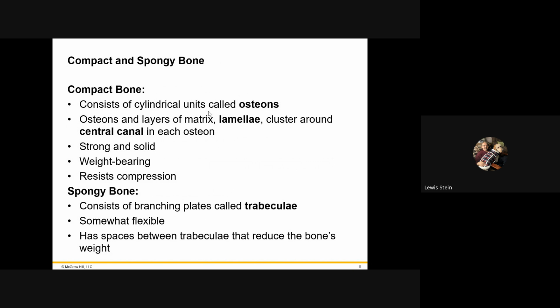If you go to Home Depot or Lowe's, you can get dowels, which are small wooden cylinders of relatively small diameters, let's say a half an inch, 3/4 of an inch. If you have those standing up, you could rest anything on them. This has multiple of these cylinders that are all held together. And that's this very unique thing. So the osteons are the individual cylinders, and they're held together.